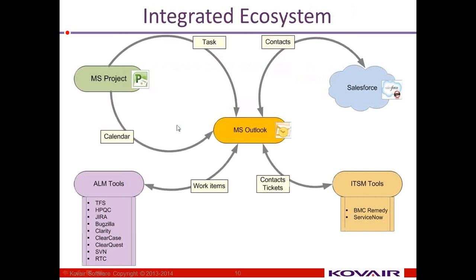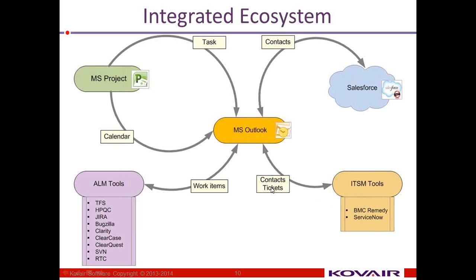Let's move on to the next slide. This is a graphical one showing you how Outlook plays the role of a central tool while connecting the different other ALM tools and ITSM tools, like Salesforce being a CRM tool. The contacts are getting synchronized.